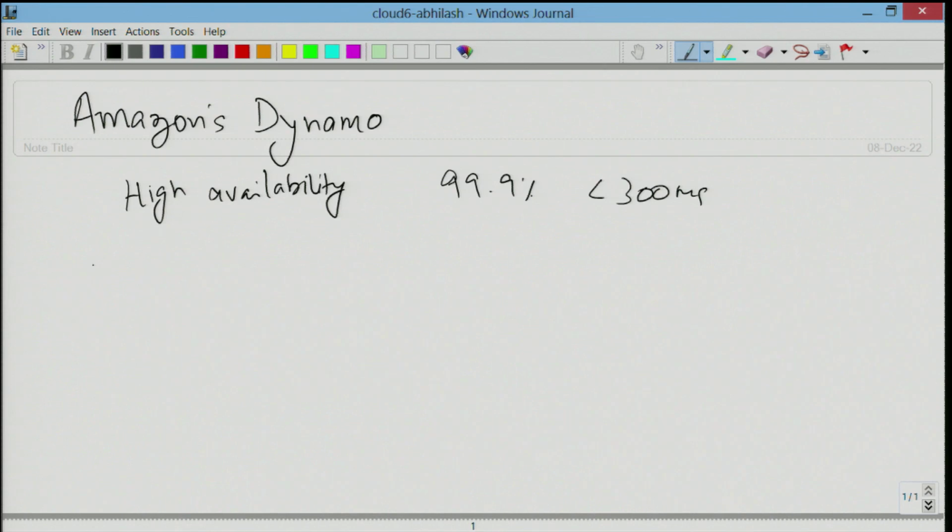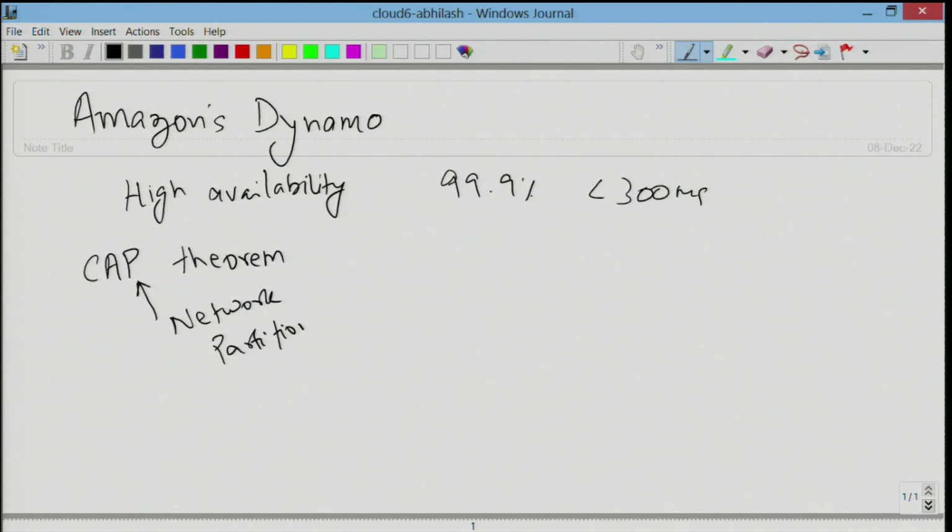But in general, consistent systems cannot be available during a network partition. This is called the CAP theorem. When there is a network partition, you can either choose to be consistent or you can choose to be available.